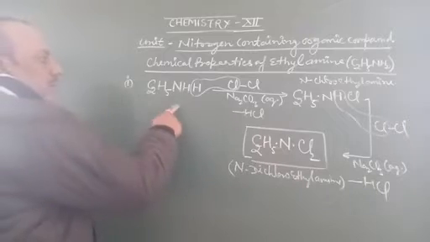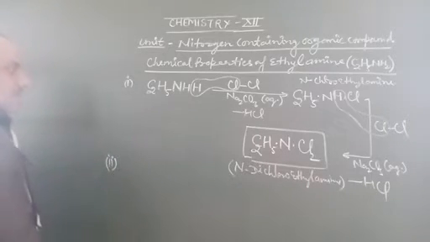And now we take the other example of bromine. This reaction is known as chlorination and this one is known as bromination.